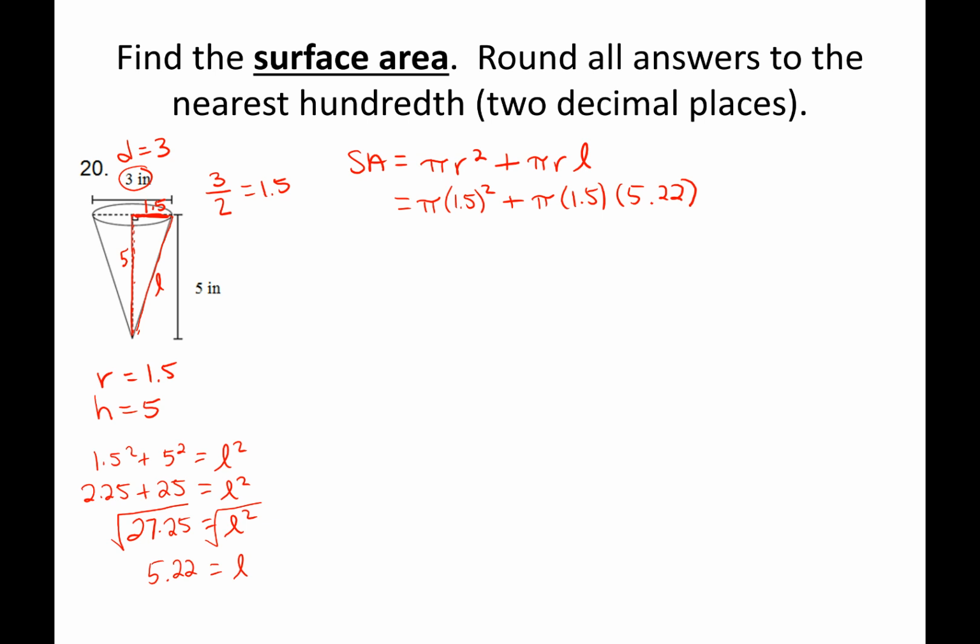So pi, again, I know you can't see my calculations, but pi times 1.5 squared plus pi times 1.5 times 5.22, I get 31.67 rounded to 2 decimal places. And my units here, inches squared. So there's my surface area.